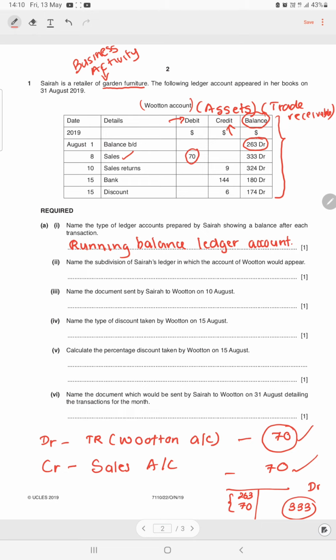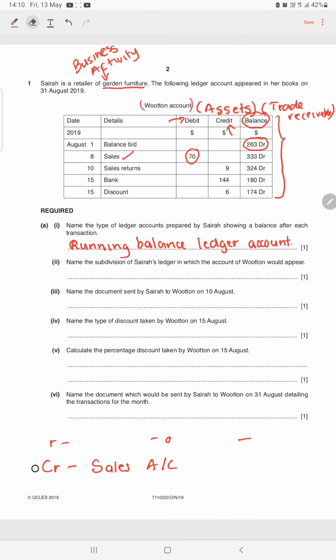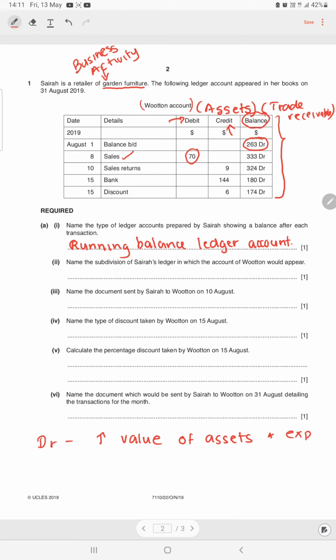So another way for you to remember this is, if you remember the rules of double entry accounting, debit entries increase the value of assets and expenses, and they decrease the value of income, equity and liabilities.